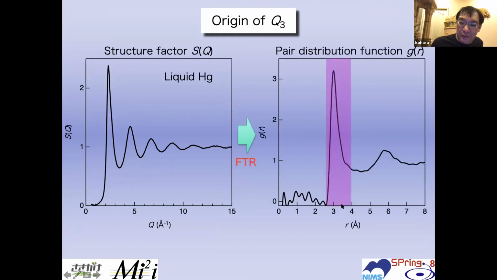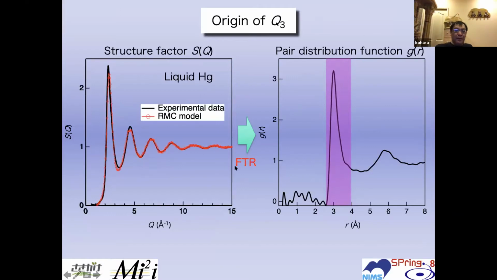But in this RMC, we use only G over R data up to 4 angstrom, very, very limited data. Then we run RMC, and we can reproduce this Q3 peak with only this limited information. That's why we insist that Q3 is a result of the repeat of pair correlation. So this is a very simple check.